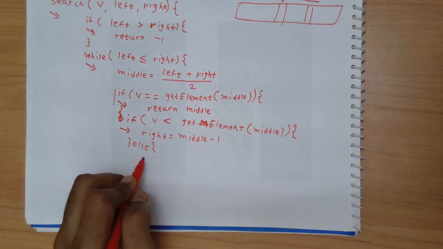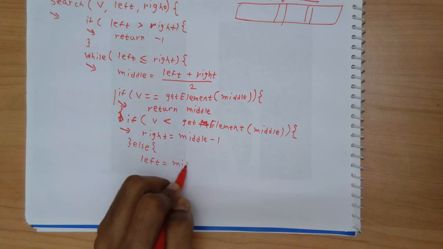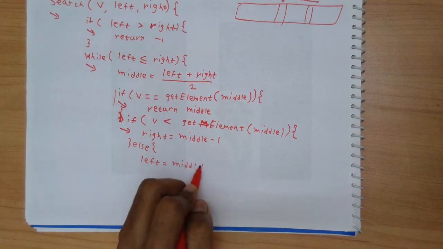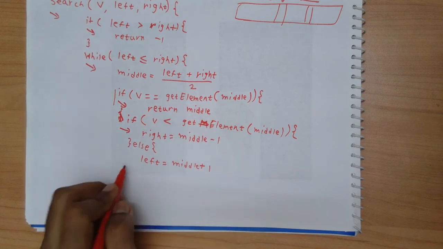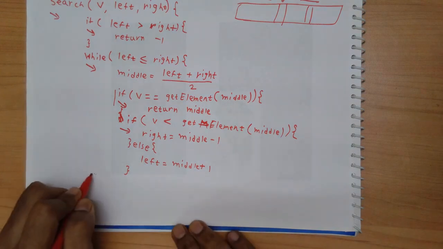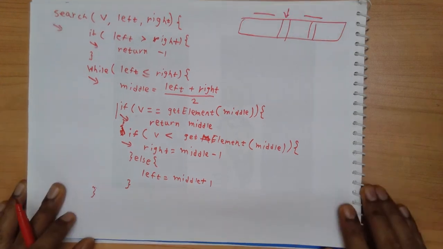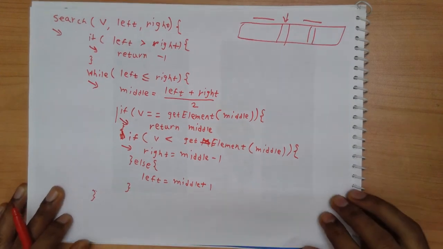In that case, I would change left. I would say that my left is equal to middle plus 1. Fine. And then what should I do? I should go back and do my search. So I will close this loop. That's what our algorithm should look like.